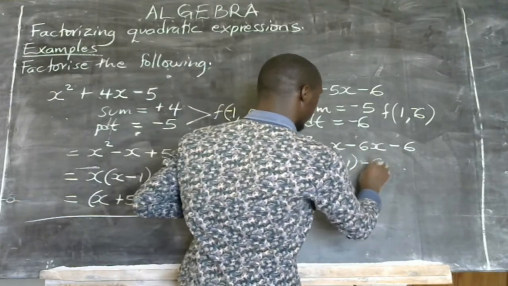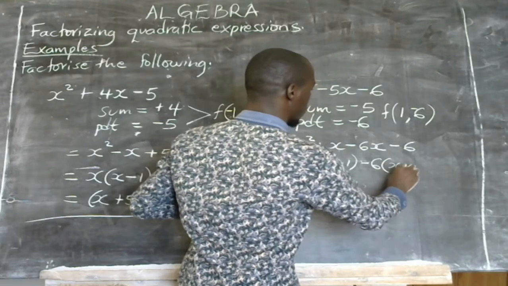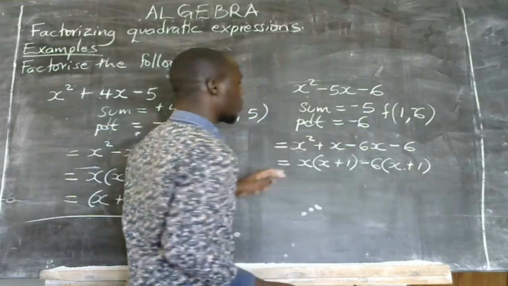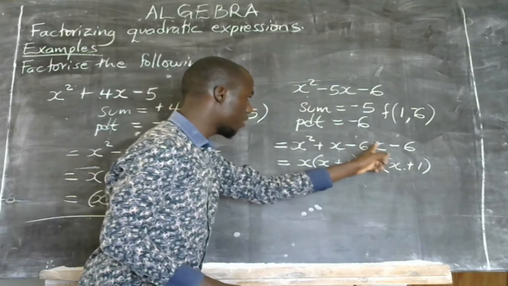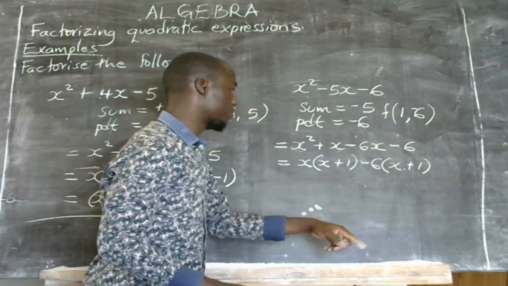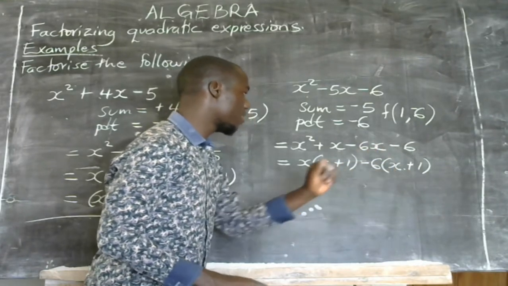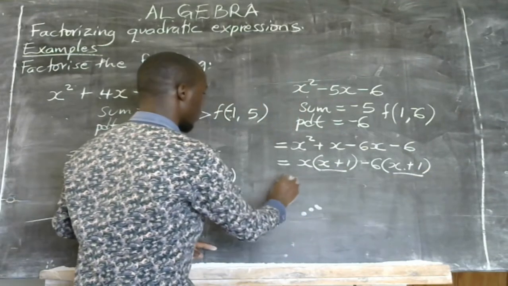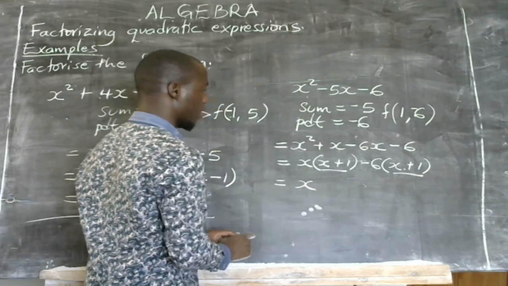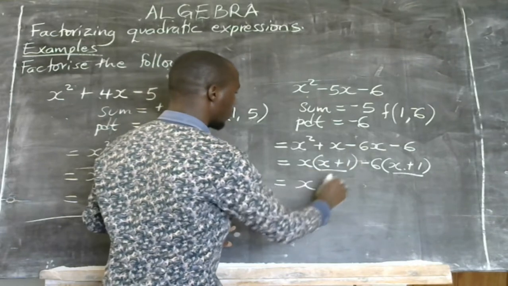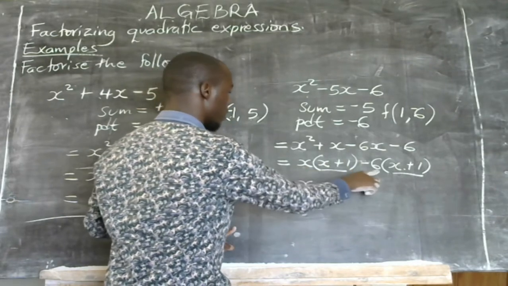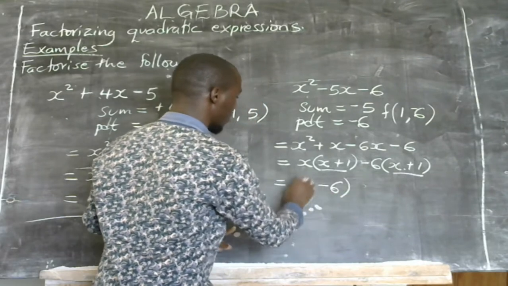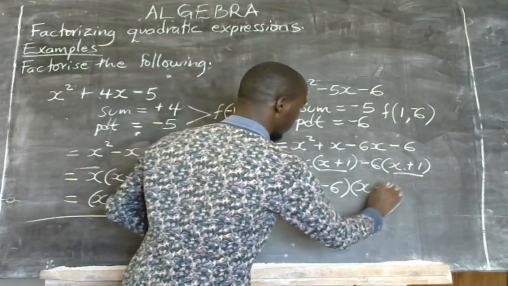So that is minus 6 into, the rest are going to be positive, because when you reopen, we will go back to negative. The negative will affect whatever is inside there. Then that bracket and that one, they are the same. So when I factor it out, I'll be having here x, then there negative 6 into (x plus 1).